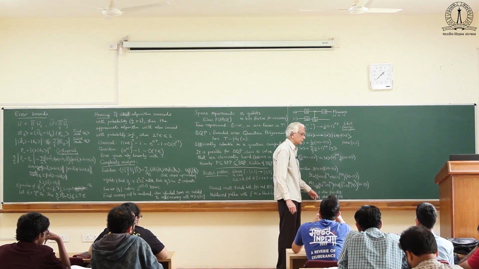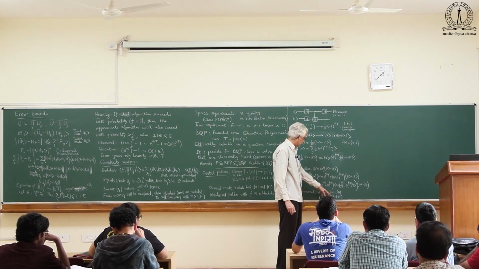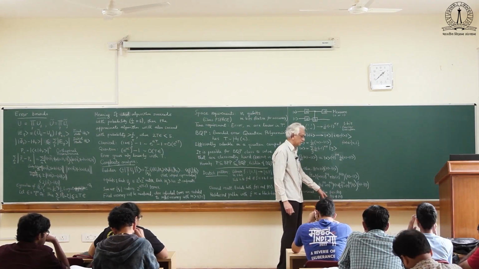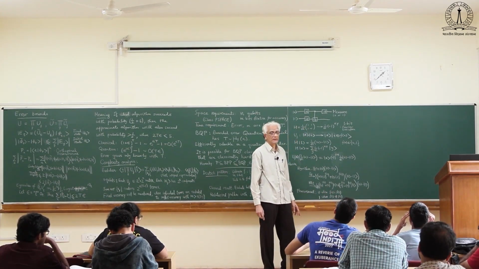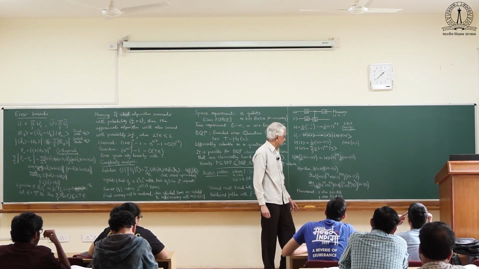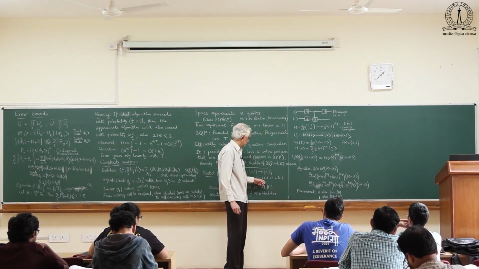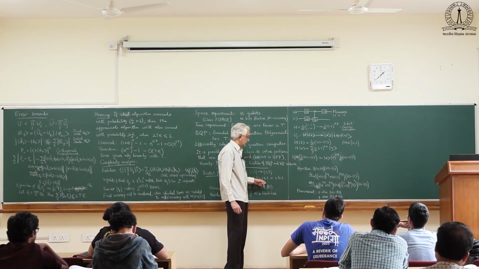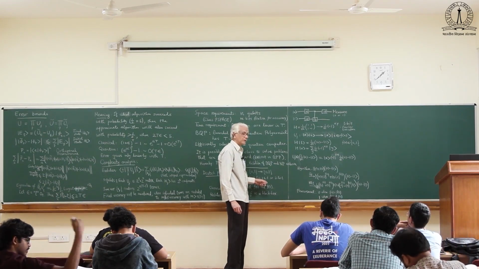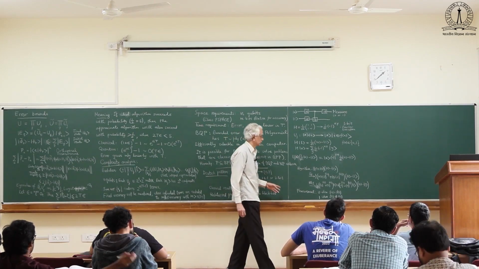So you have two measurement results. They tell you that f of 0 and f of 1 are either equal or unequal. And that was the problem I started out to solve, whether the function is 1 to 1 or 2 to 1.